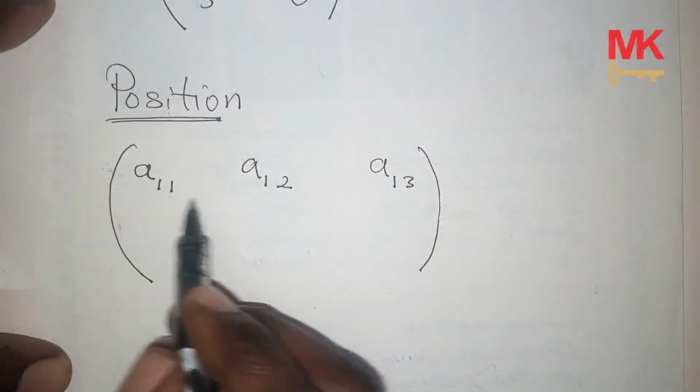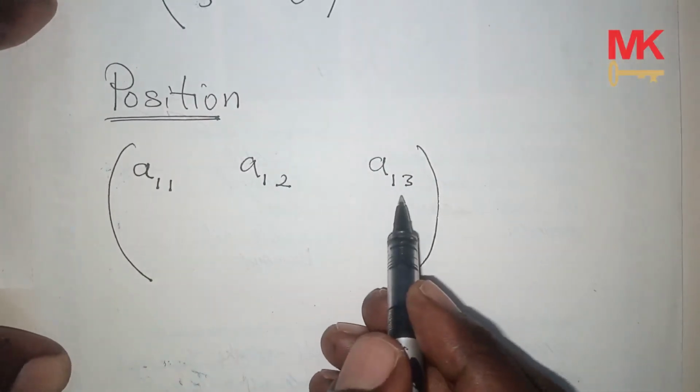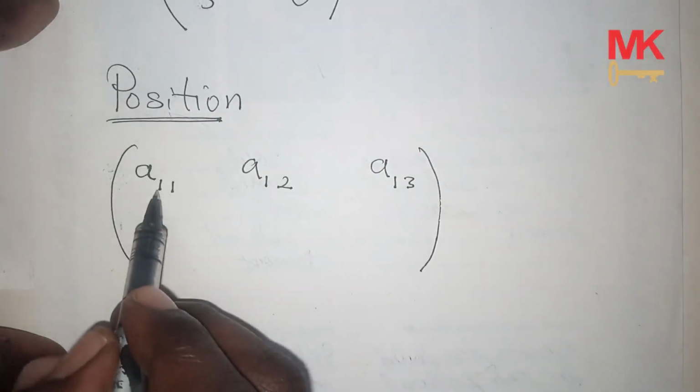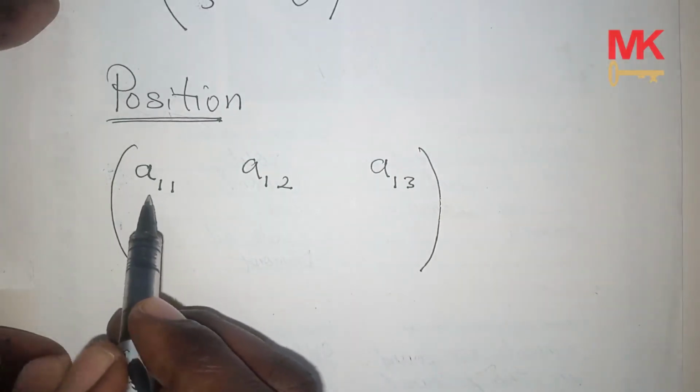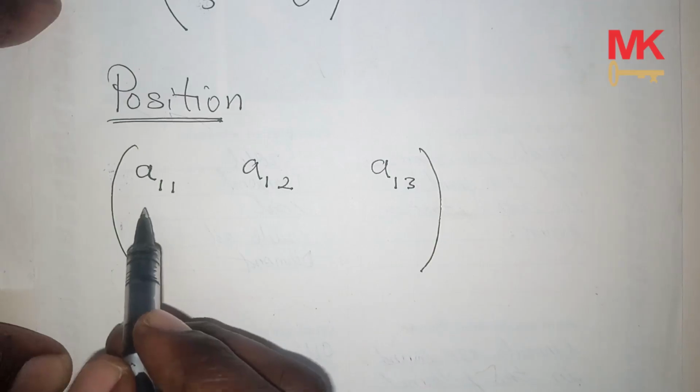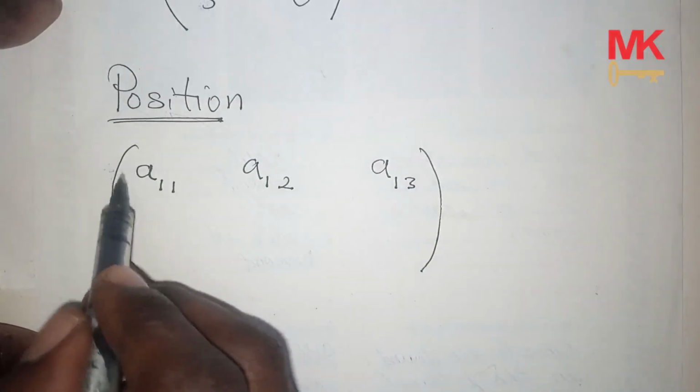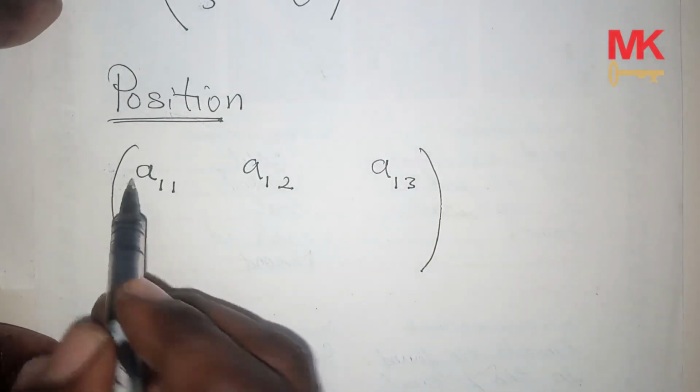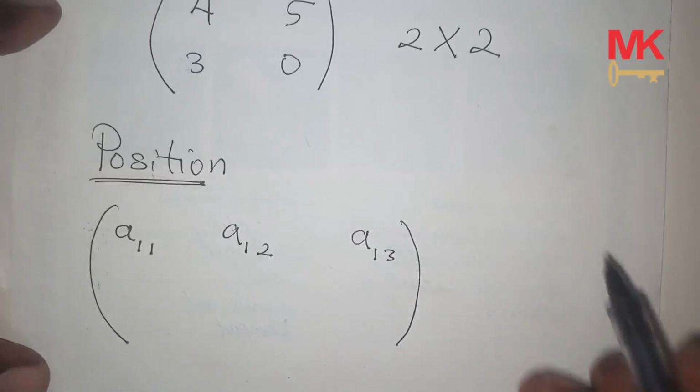You see these numbers at the bottom, these subscripts. What do they mean? The first number represents the row that this element lies on.